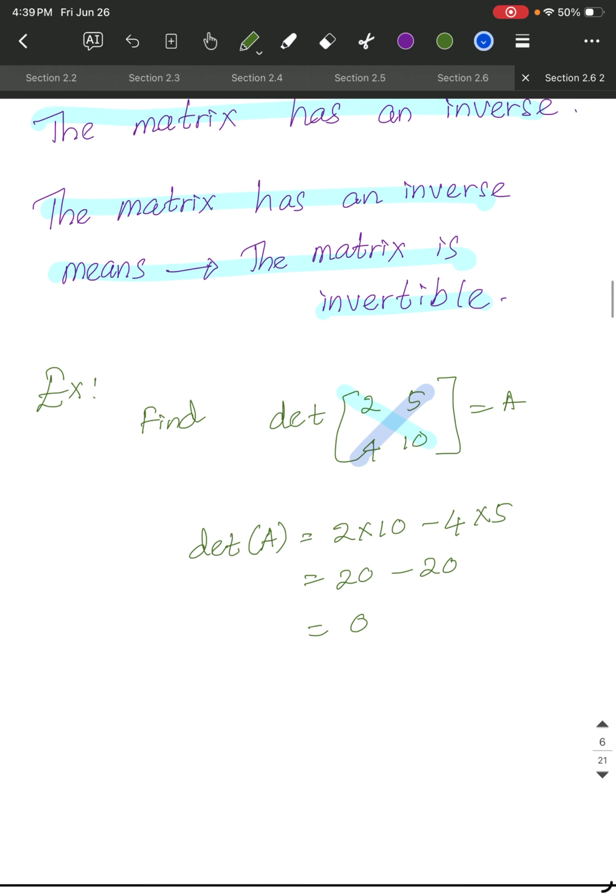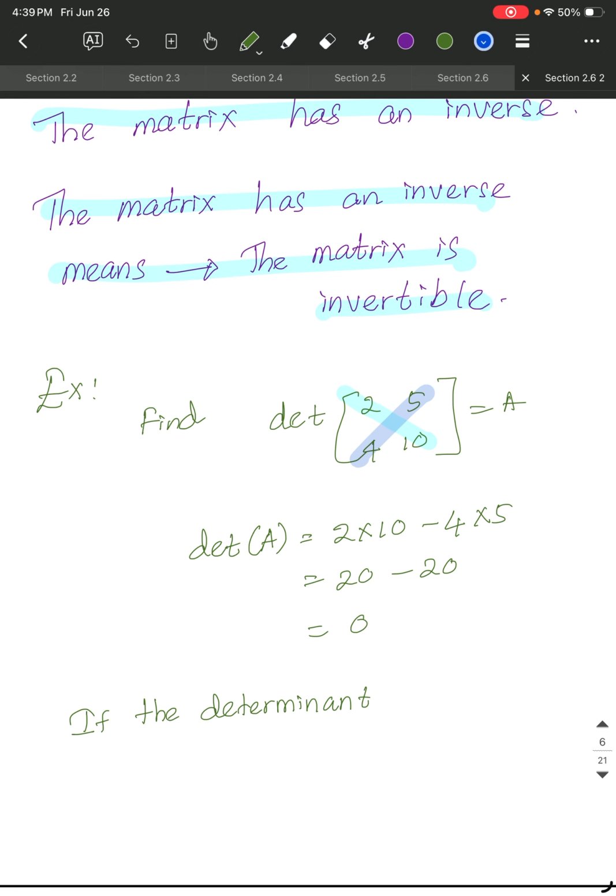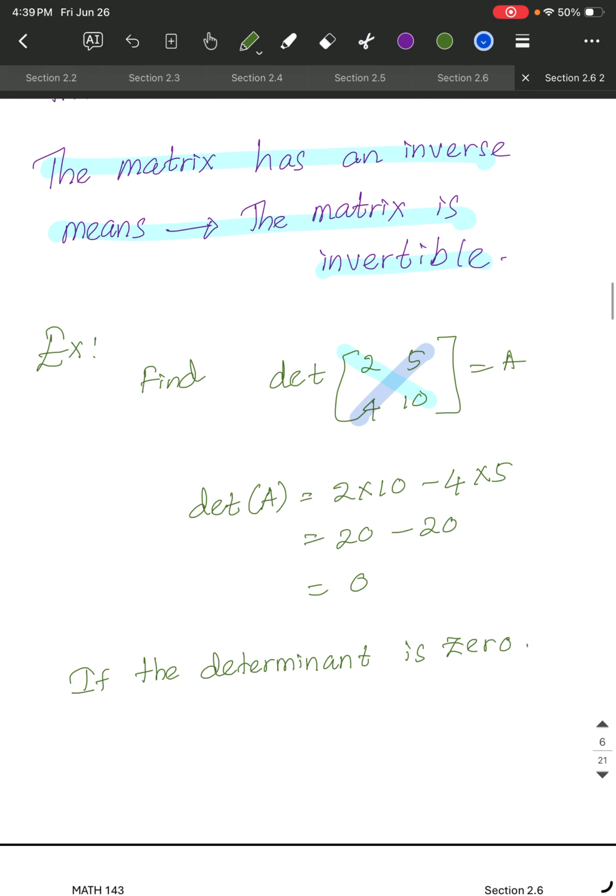If the determinant is non-zero, then the matrix has an inverse. The matrix is invertible. But if the determinant is 0, we say that the matrix is singular.